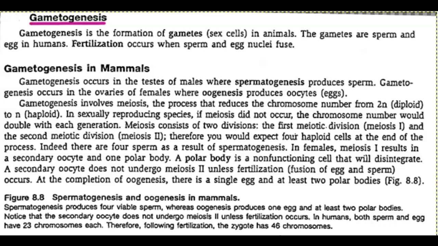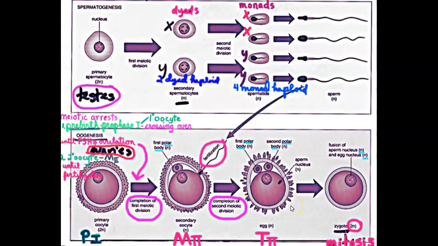So let's look at the picture. Let's look at the top picture first. Spermatogenesis taking place in the testes. First meiotic division: 2 dyad haploid cells, genetically different from each other.